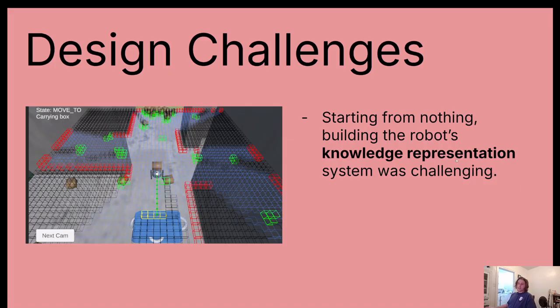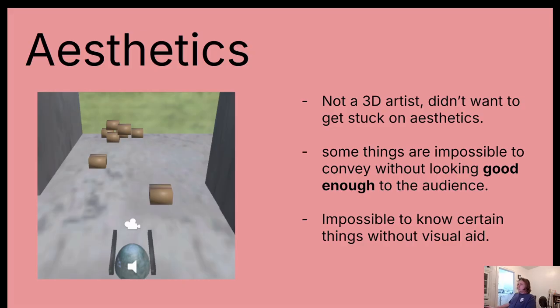Design challenges. Like I said, making that map was pretty tricky at first. I know it seems simple now, but when I was starting from first principles, it was pretty mind-boggling how I was going to do that. Coming up with the robot's knowledge representation was pretty challenging. Aesthetics.